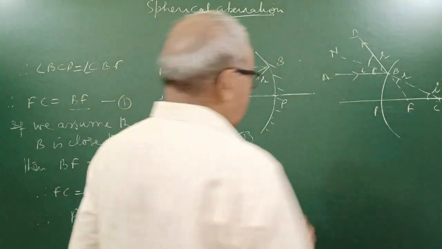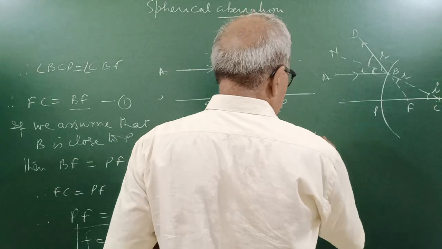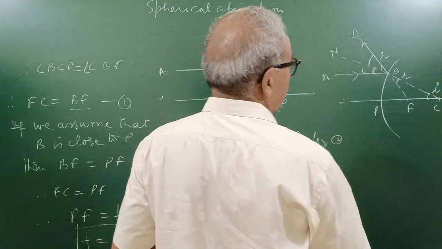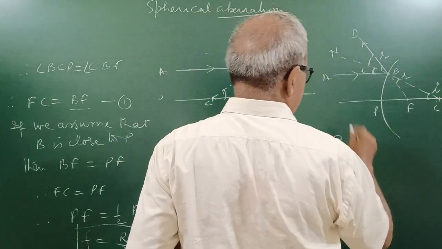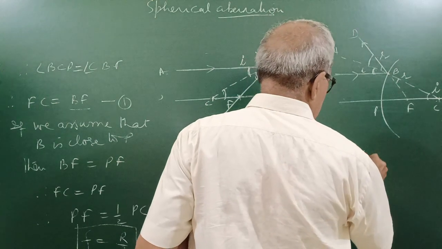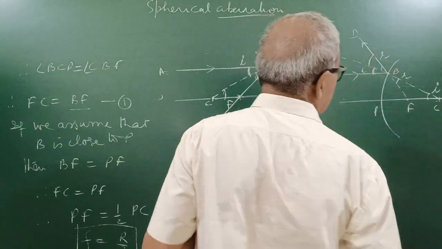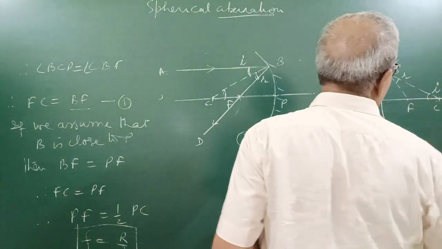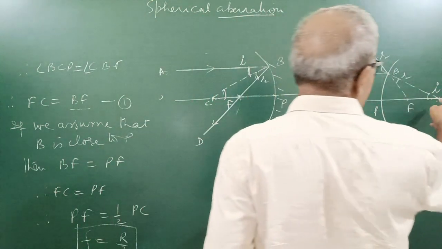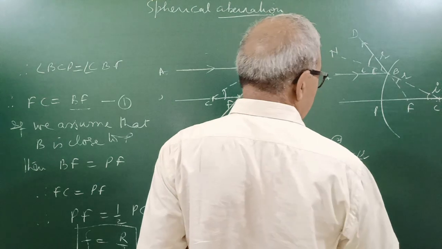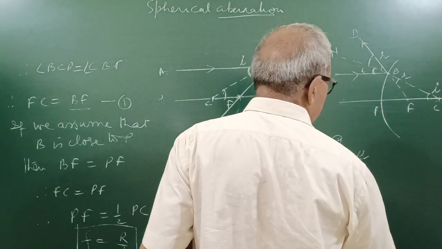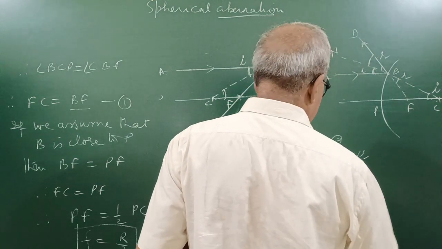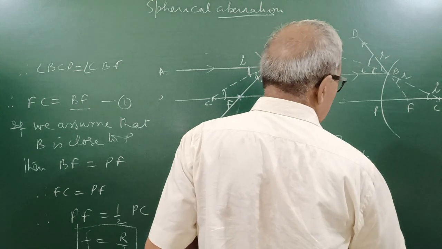Now in the convex mirror, figure 2. In figure 2, I is equal to R, angle I equal to R from the law of reflection. So what is happening? BF is equal to CF.